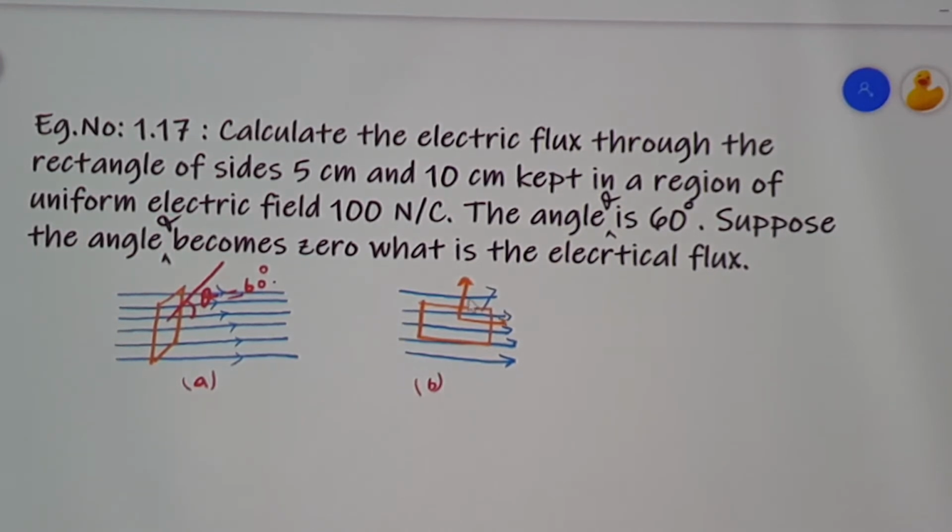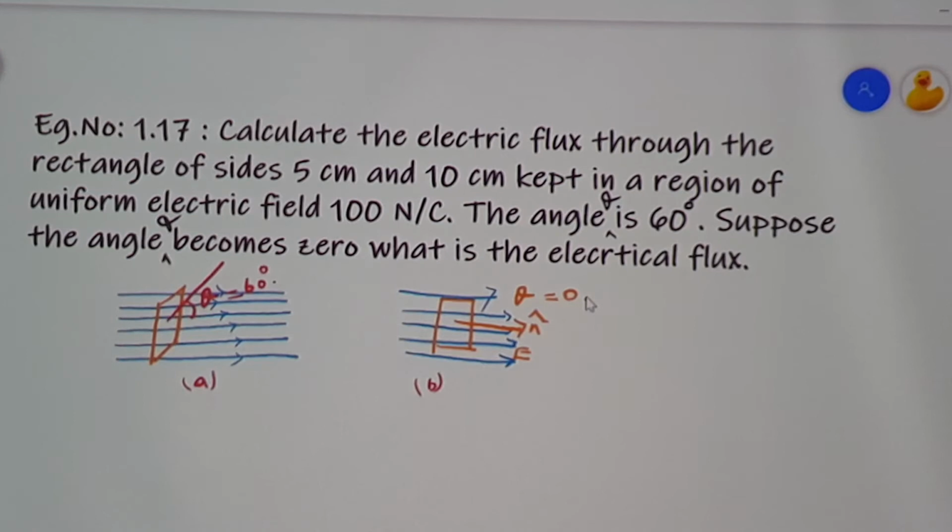When you are considering the plane is parallel, then the normal drawn, n vector, and the electrical field E vector are parallel to each other. So theta equal to what?